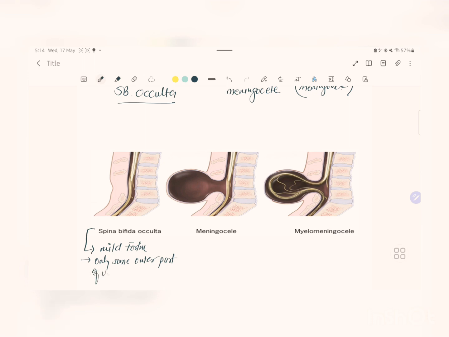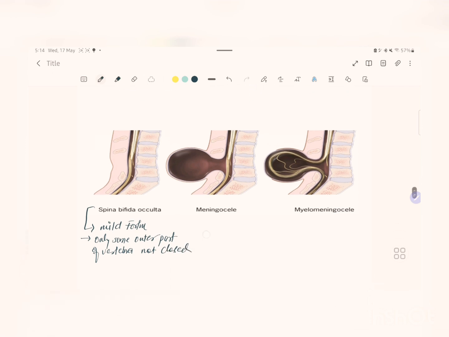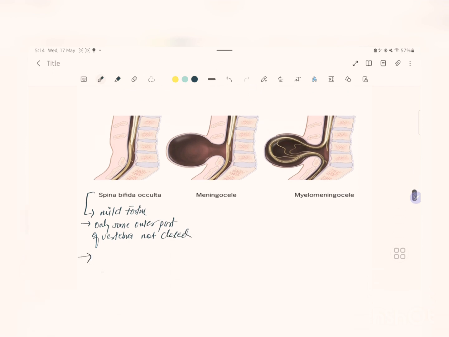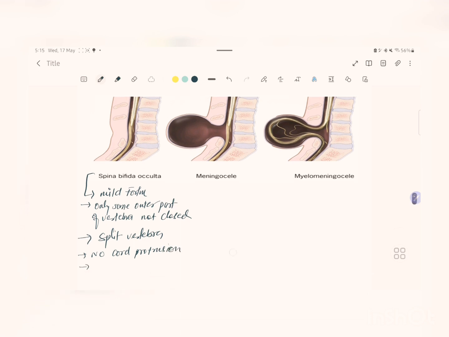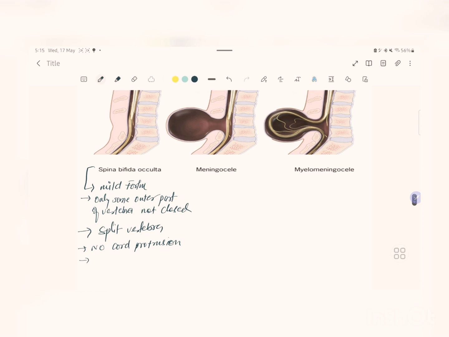Spina bifida occulta is rarely associated with any deficit in the child, and this occurs due to defective closure or fusion of the two laminae and the spine, which is also called split vertebra. So it's a mild form, and in this form of spina bifida rarely does any patient need further treatment.